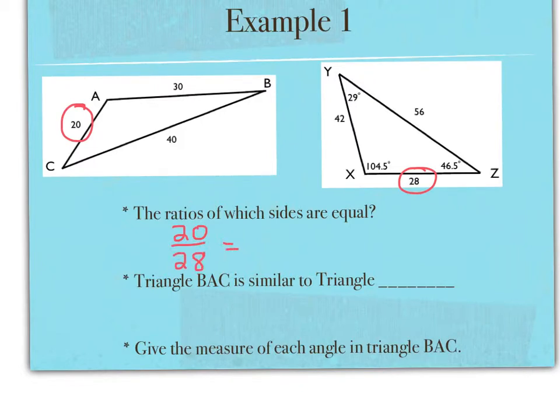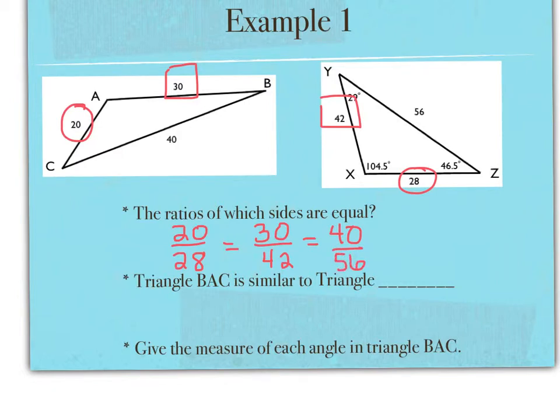Okay. What other ratio could I set up then? What other 2 things could I pair up? 30 and 42. Good. Nope, doesn't matter. So could I have set that first one up as 28 over 20? Sure, as long as I did all the other ones flipped also. Okay, and then my last one would be 40 and 56.